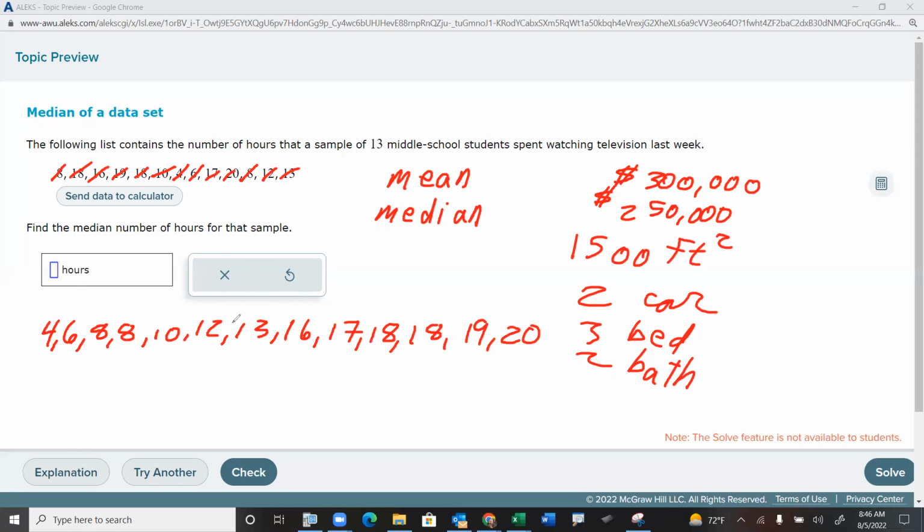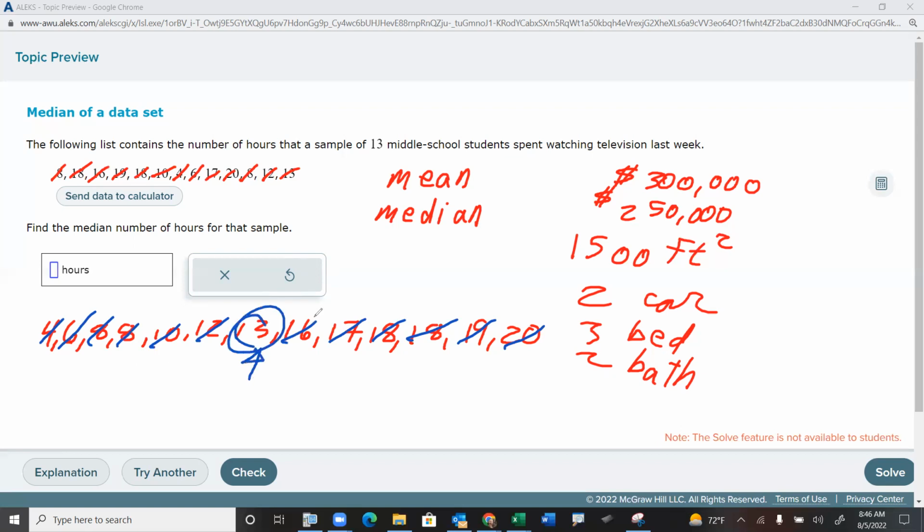All right. So it's just the middle number. So you would say, all right, well, let's get rid of those two. Then we'll get rid of those two, and so on, until we're down to the last one.